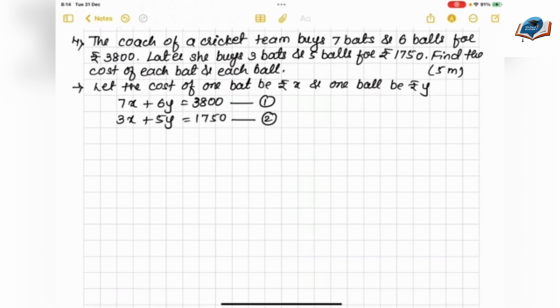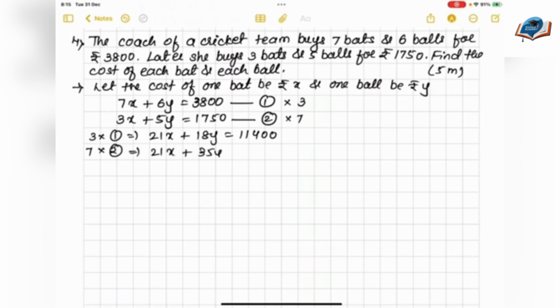Now if I multiply first one with 3 and second one with 7, so 3 into equation 1 implies 21x plus 18y equal to 11400, and 7 multiplied by 2 implies 21x plus 35y equal to 12250.